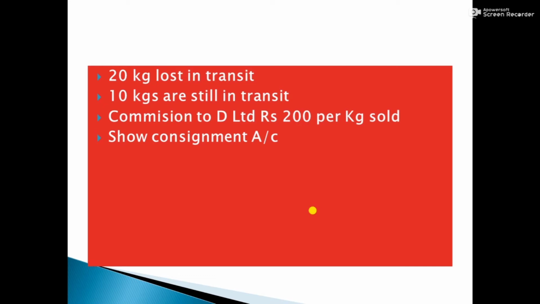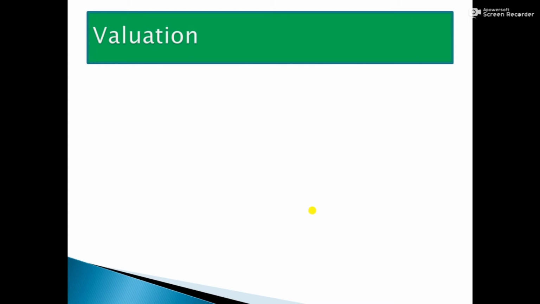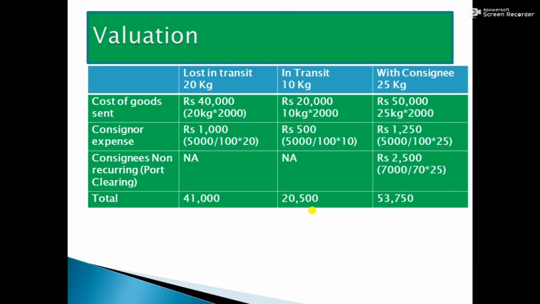First we value abnormal loss, that is the goods lost in transit, 20 kilograms. The cost of goods sent is 20 kilograms into rupees 2000. Consignor's expenses incurred total 5000 on 100 kilograms. Therefore, for 20 kilograms, 5000 divided by 100 into 20, rupees 1000.